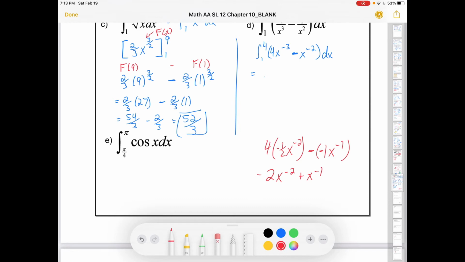And you don't need a plus c for a definite integral. It's actually not wrong to put it in there, but you'll just end up with the c subtracting out eventually. So this is from 1 to 4. And now I'm going to go big F at 4 minus big F of 1.